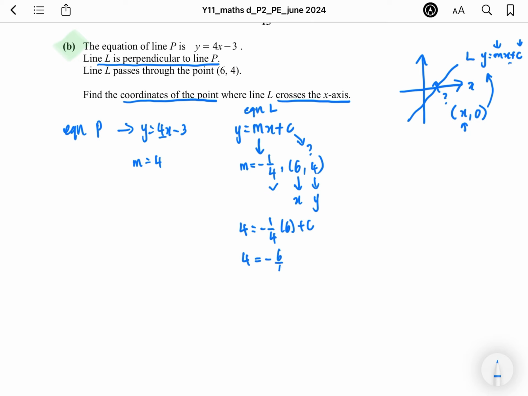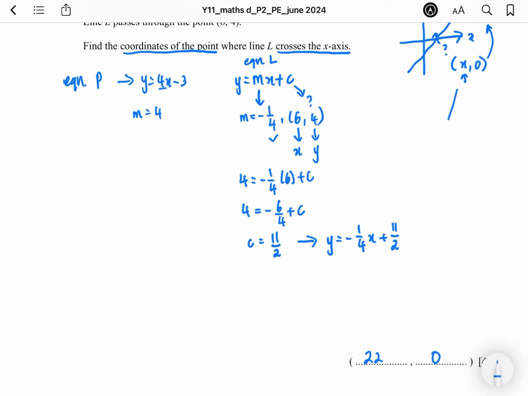Simplify, add 6 to both sides, and you should get C is equal to 11/2. So the equation now becomes y equals minus 1/4 x plus 11/2.